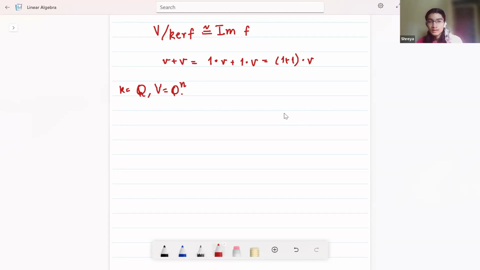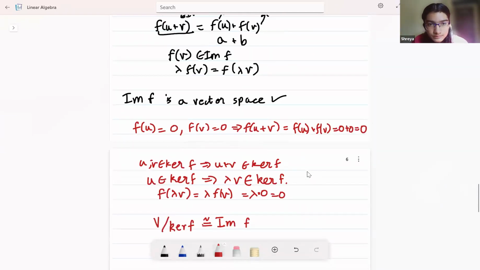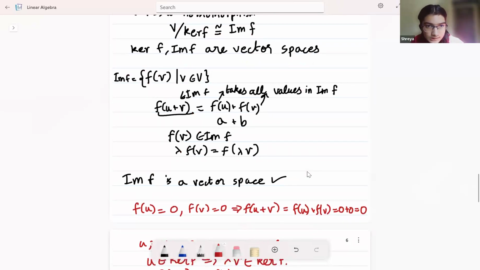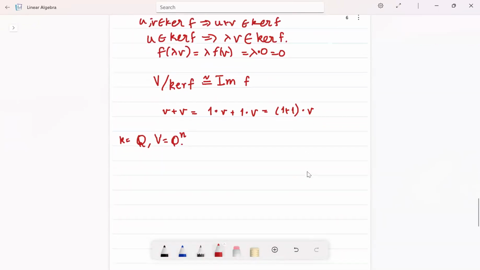It's kind of hard to think of one. Okay, how about you send negative stuff to positive stuff, just take the absolute value? Integers as kernel?